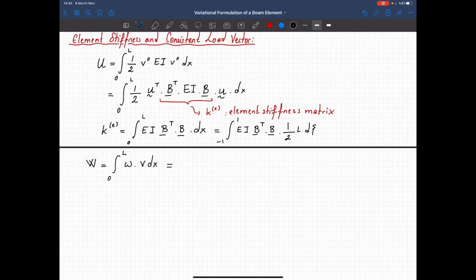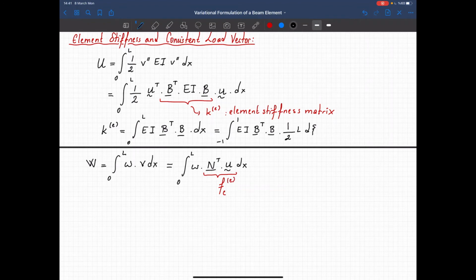And that's equal to, again from 0 to L, W times N transpose times nodal displacement integrated over the length of the member. Let's call it F consistent element.